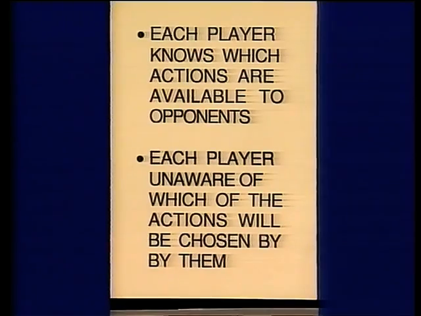Furthermore, each player knows which actions are available to his opponents. What he doesn't know is which action each of his opponents will choose. And there's another important thing. We need to know that the players will make their choices simultaneously. They can't react, as I've said before. The gains or losses to each player will be finite.